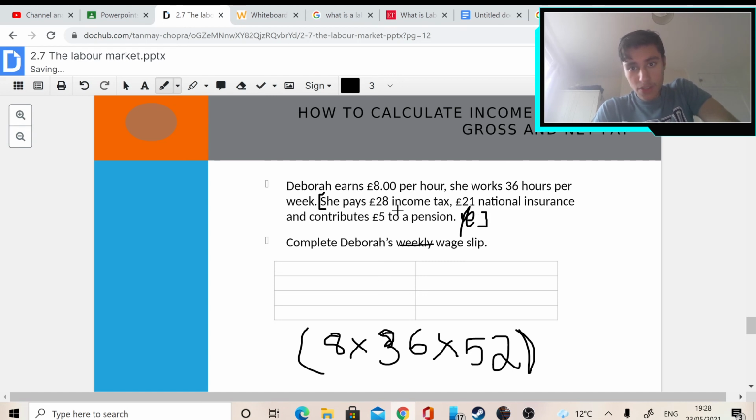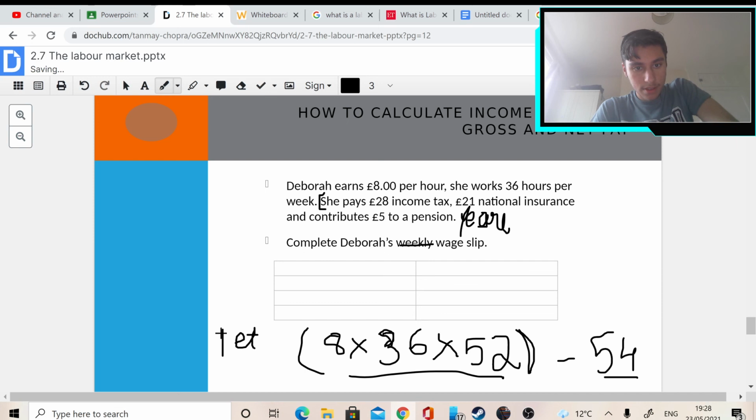So you just add them. 28 plus 21 is 49. 49 plus 5 is 54. So this is her yearly earnings. We just subtract. This would have been her gross pay, and when you deduct this, it becomes her net pay.